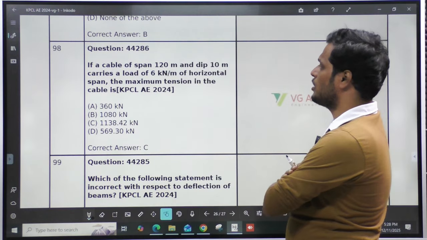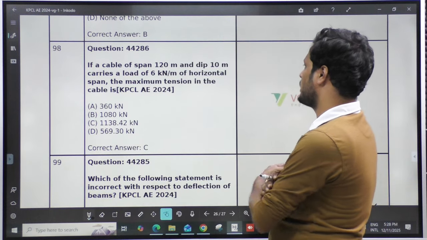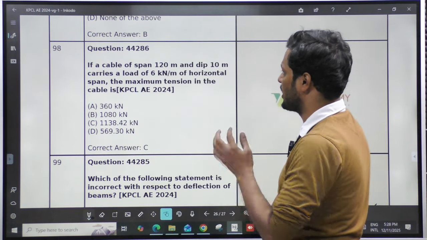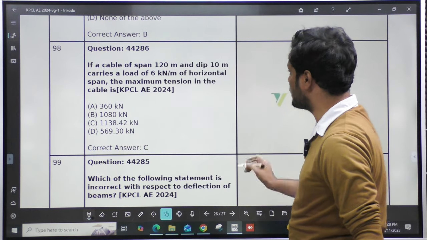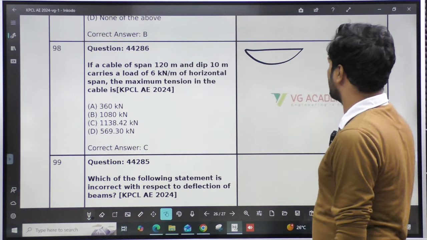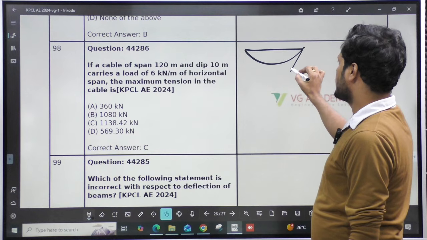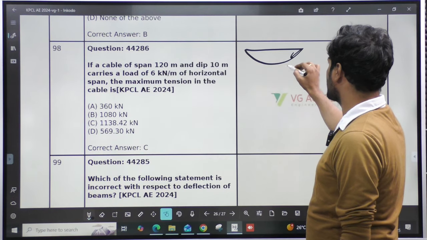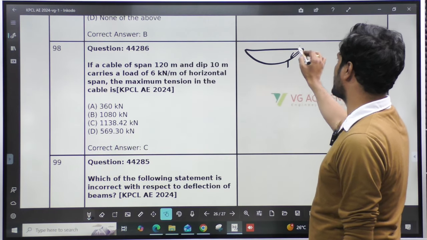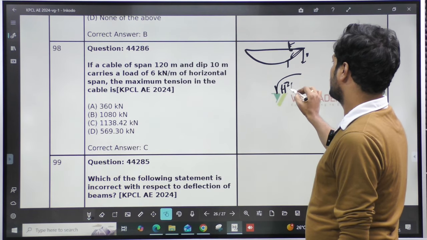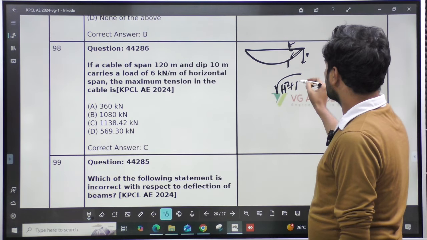Next question. If a cable of span 120 meter and dip 10 meter carries a load of 6 kilonewton per meter of horizontal span, the maximum tension in the cable is. For the cable's maximum tension, both supports are at the same level. So maximum tension T will be the resultant of vertical and horizontal. Direct formula: square root of H square plus V square.